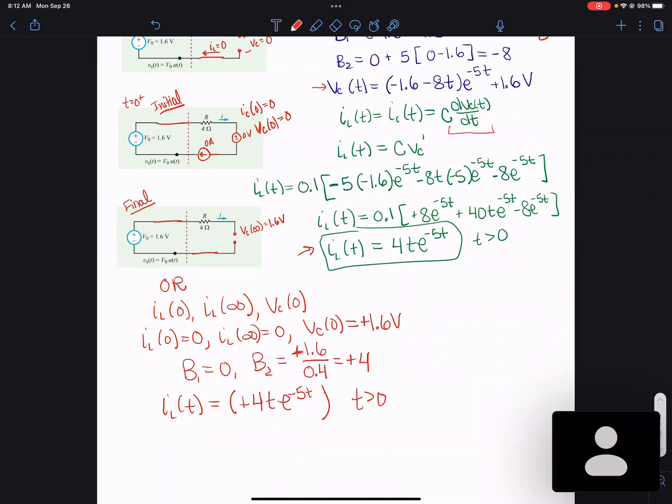That's a quicker way of finding it without taking that derivative.